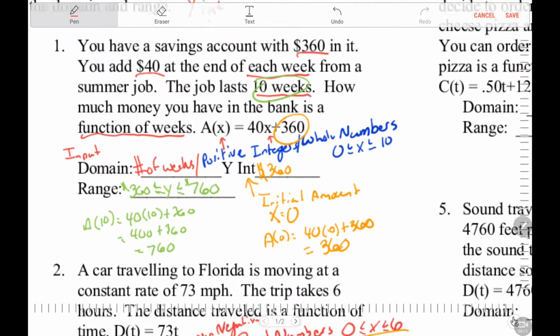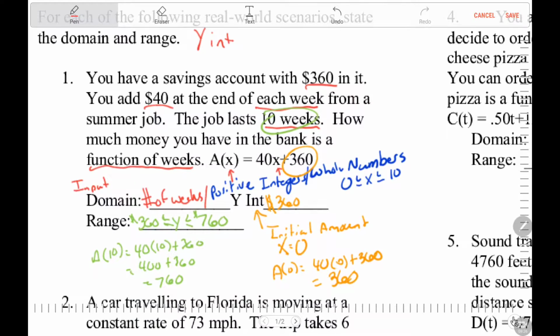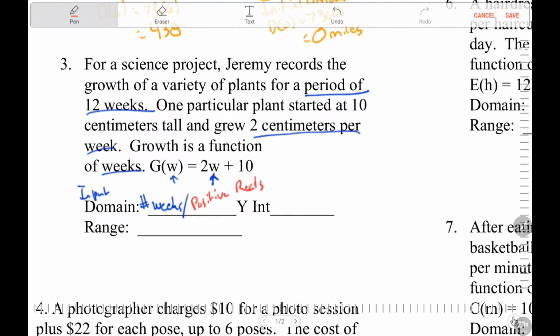And that's a little different than this first one, because at the end of each week, you put $40 in. Like, you're not putting it in halfway during the week. It's at the end of the week or it's not. In this one, yes, it's saying it grows 2 centimeters per week, but it's still growing during that week. So we're going to say positive reals here.